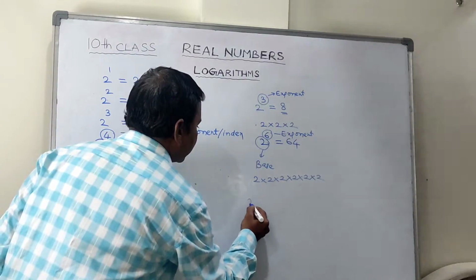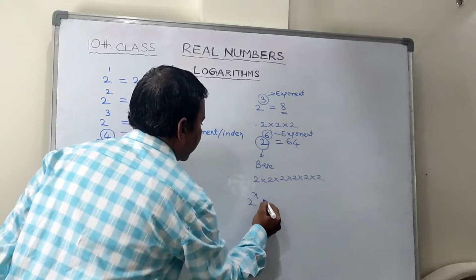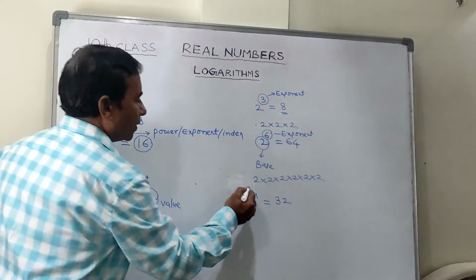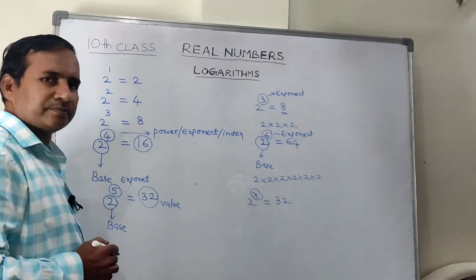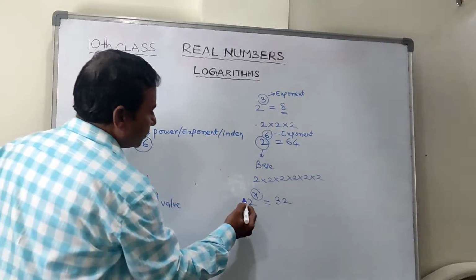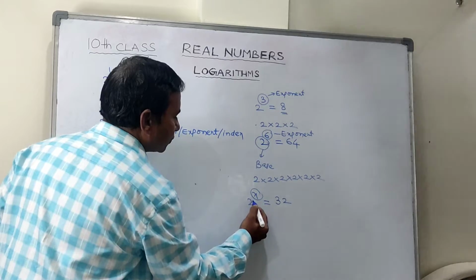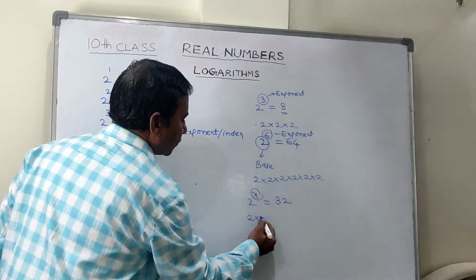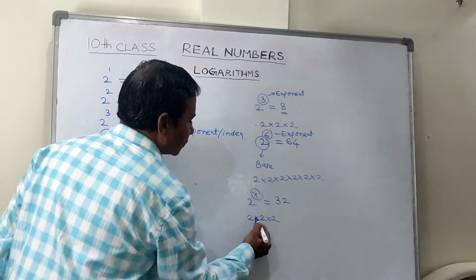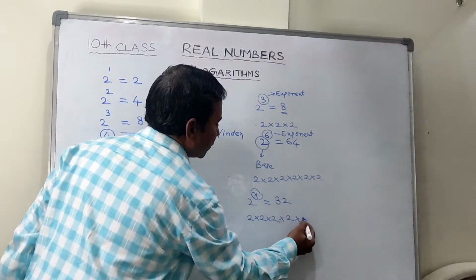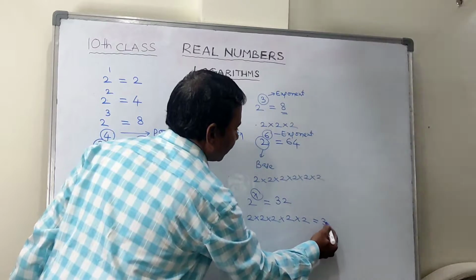Suppose we take 2 power x equals 32. What is the x value? To find the x value, we just recalled how many times 2 is multiplied. We have to check. 2 into 2 into 2, 2 2s are 4, 4 2s are 8, 8 2s are 16, 16 2s are 32.